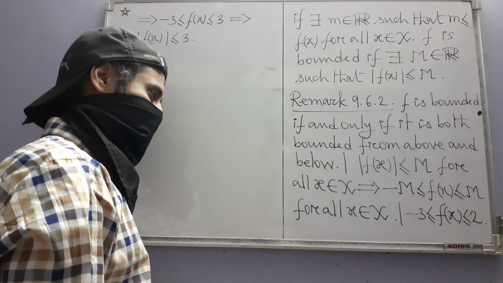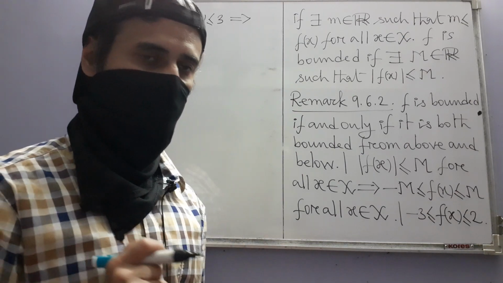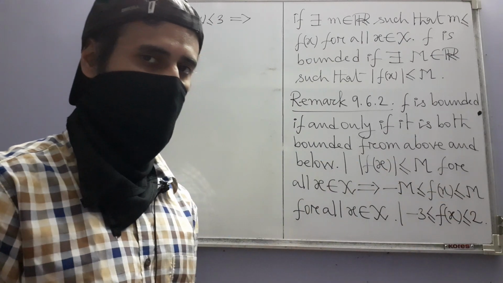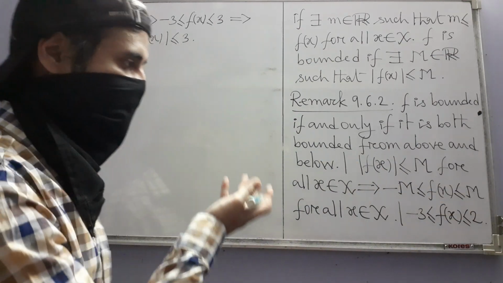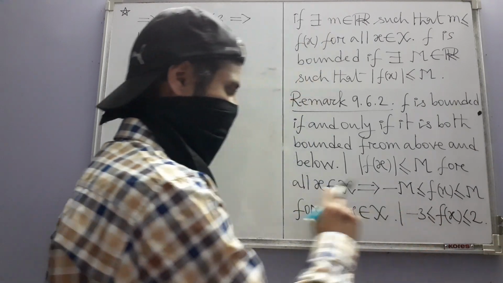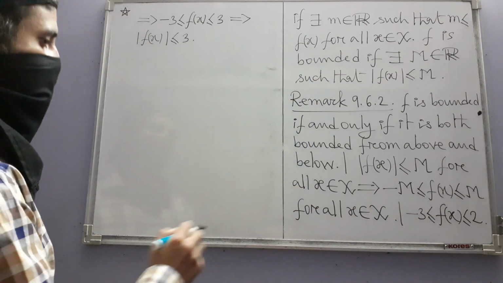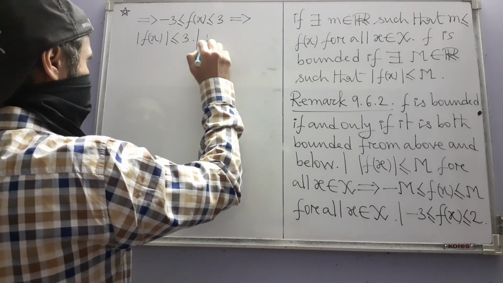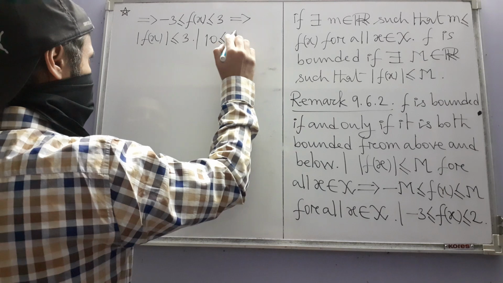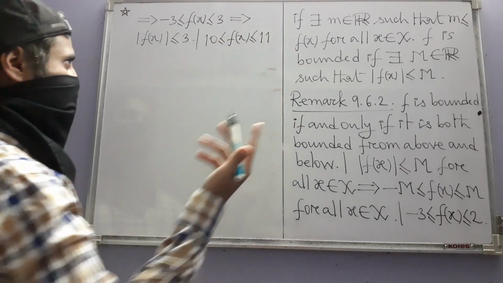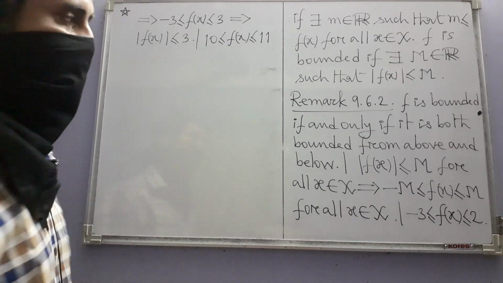But you may not really feel that convinced by this situation. You may think that I have cherry-picked this value so that I can get something like this. What happens if, say, the lower bound is also positive? Say, instead of these inequalities, I have something like this. Then what do we do?